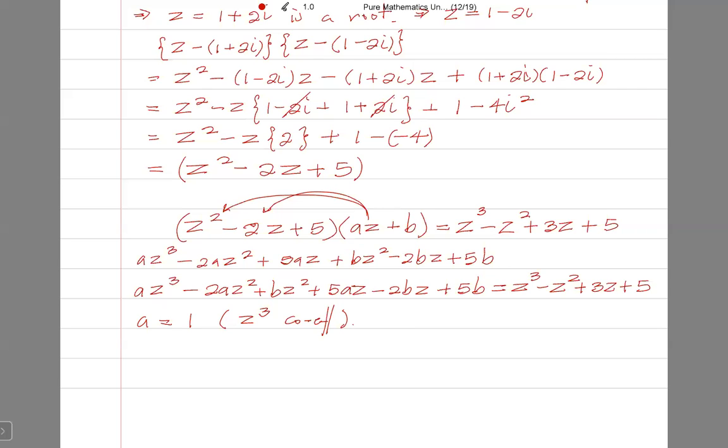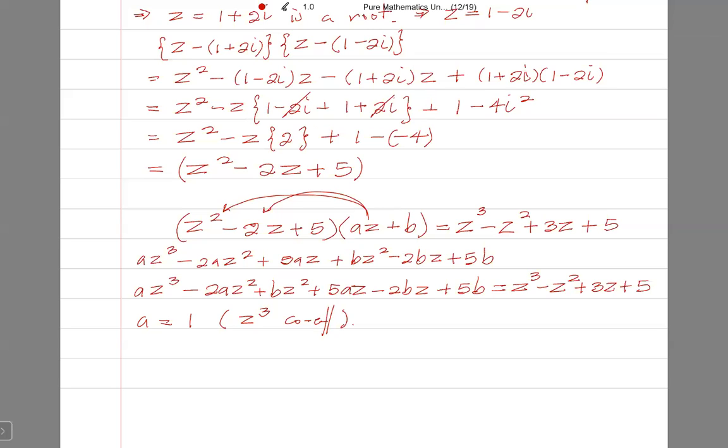What is the constant term on the left? The constant term is the term that has no Z in it. What is the constant term on the left? Sir, 2 on the left? Yes. It's not 5 on the left.